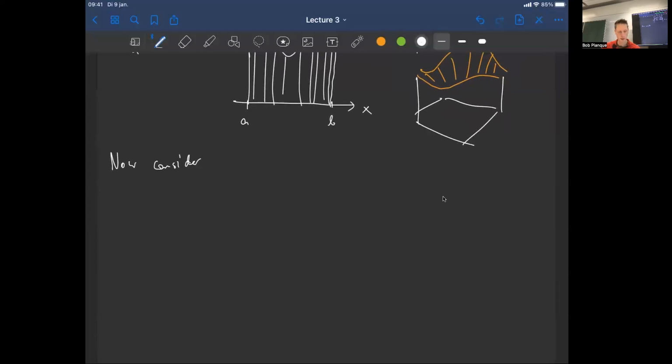But the idea is that rather than having a straight line as my domain, I have a curved line. And above that, so this is my r of t, which I've parametrized in some way. This is a line, let's say in R2 or R3, it actually doesn't really matter. And then above that, I have my density. This thing may curve around because the curve curves around. And then I would like to know this area.